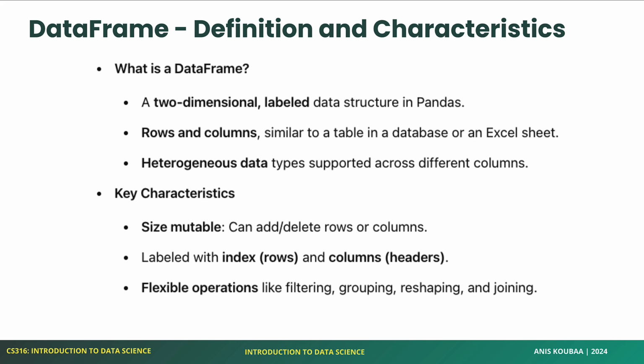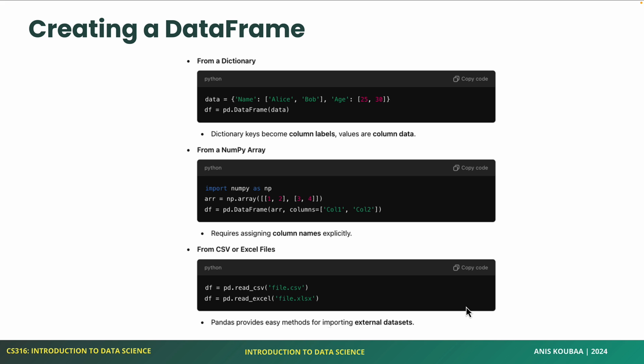It's labeled with the index of the rows, and there are also the columns, which are called the headers. So we define headers as columns, and each row contains one record. Each record is defined over a single row. And then you can do multiple operations like filtering, grouping, and reshaping, which is what we are going to see.